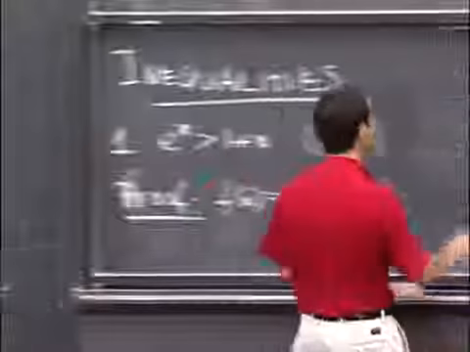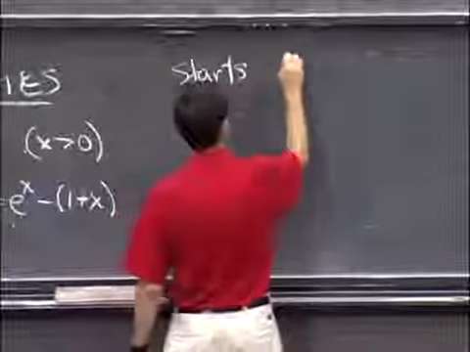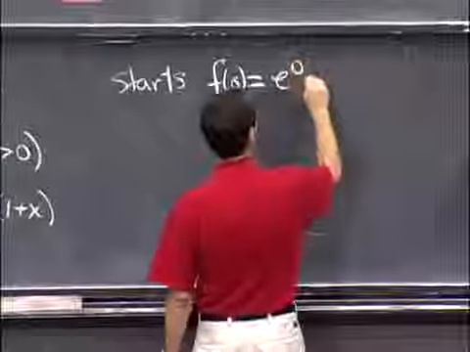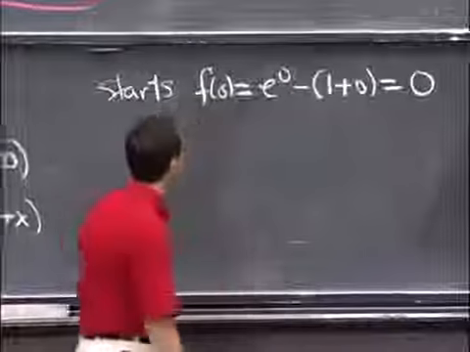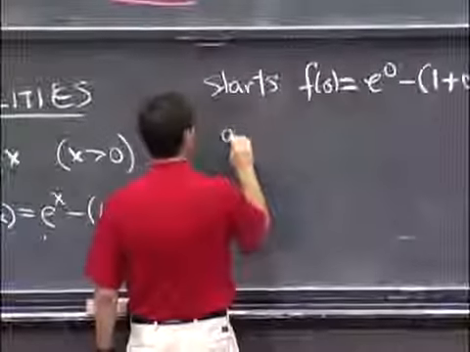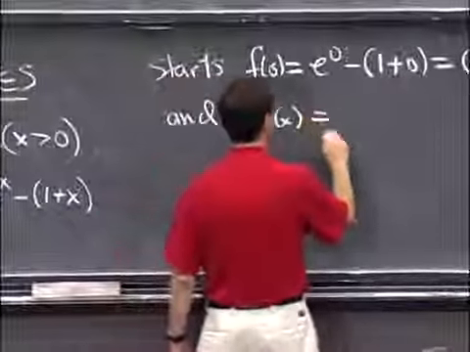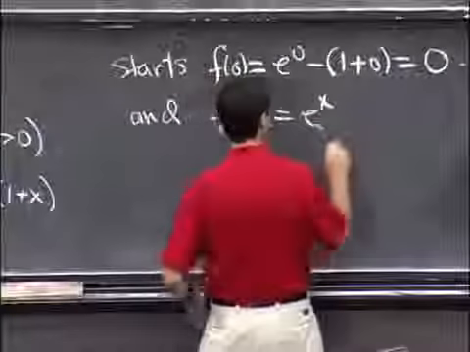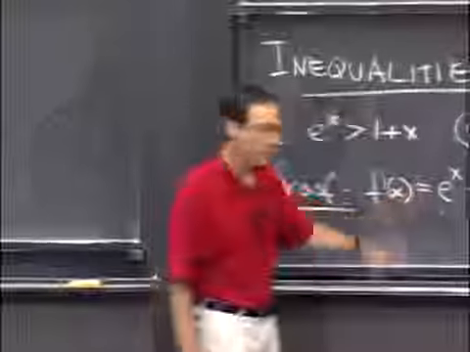I observe that it starts at f(0) equal to, well, that's e^0 minus (1 plus 0), which is 0. And it keeps on going. f'(x) is e^x. If I differentiate here, the 1 goes away, I get minus 1. That's the derivative of the function.